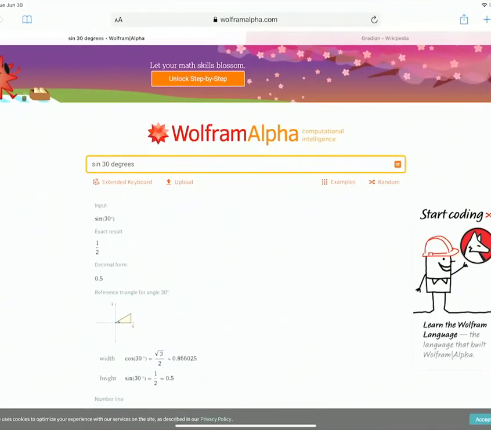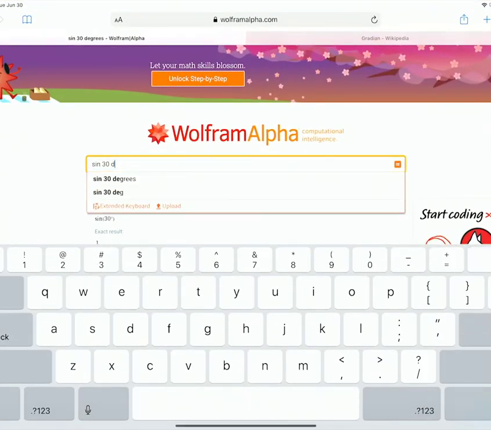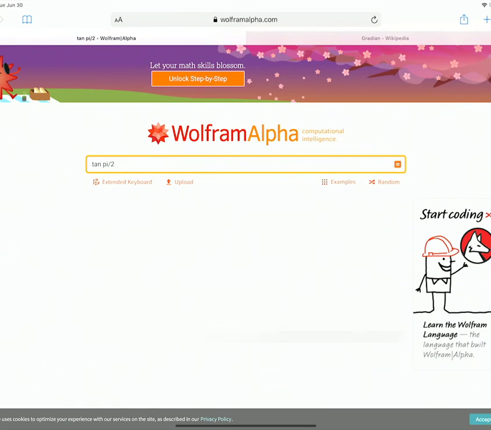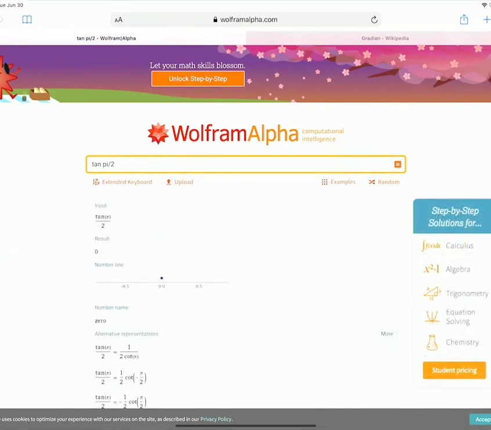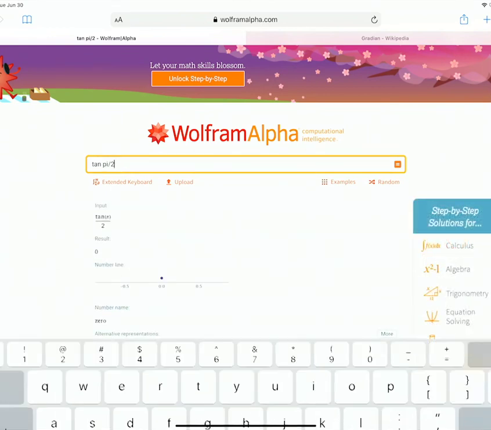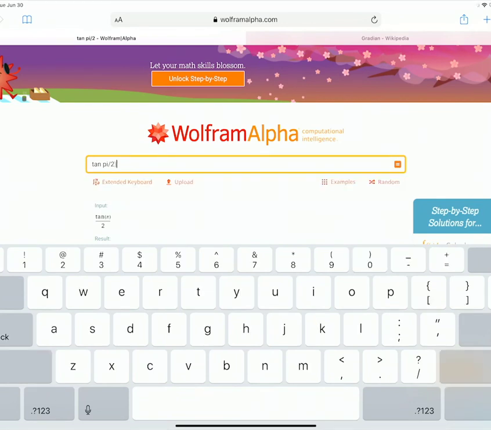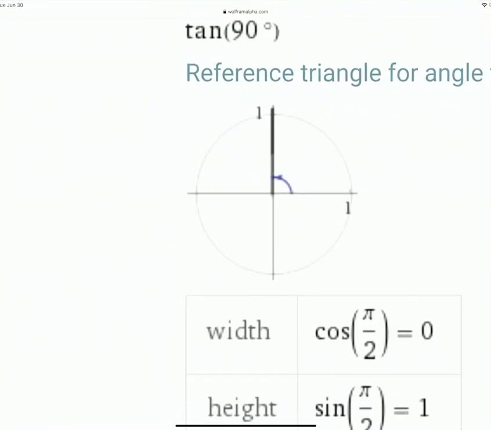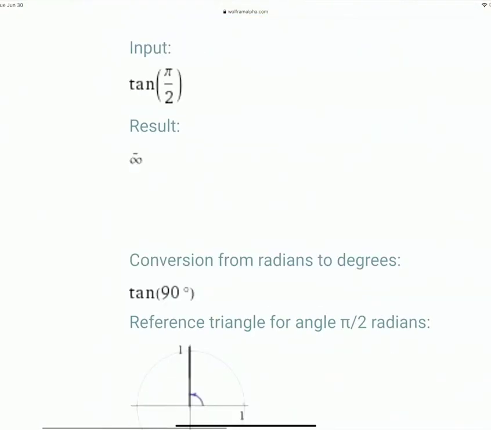So if I go to Wolfram Alpha and say tan pi over 2, it interpreted it the wrong way. Try that. What's it say?